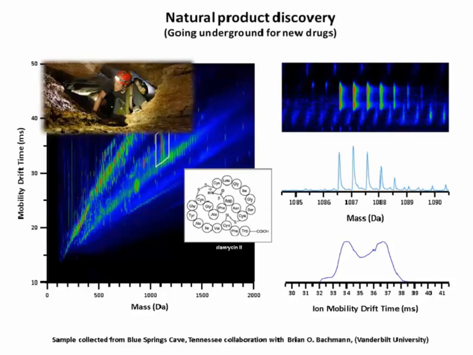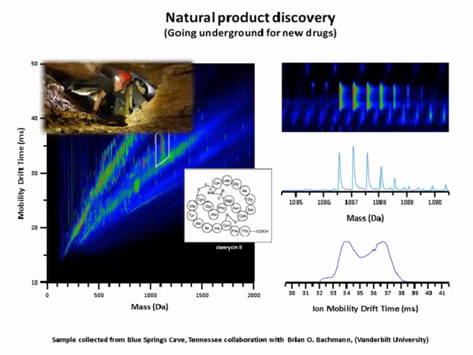So for the past 10 years, we've collaborated with Brian Bachman, who's a molecular entomologist here at Vanderbilt University, using these cave-dwelling bacteria that have never seen human organisms before as sources for these new natural product drug-like molecules.